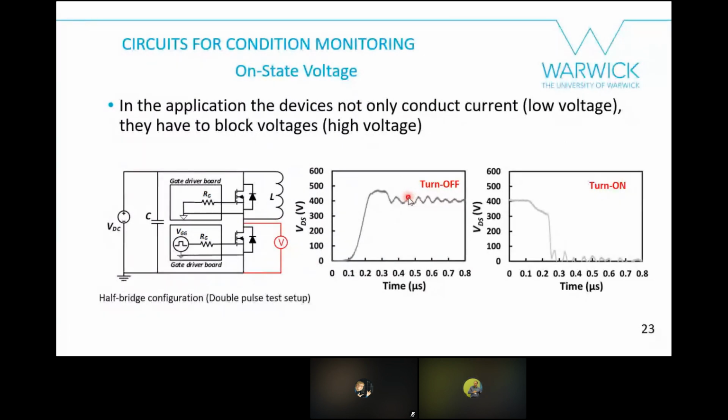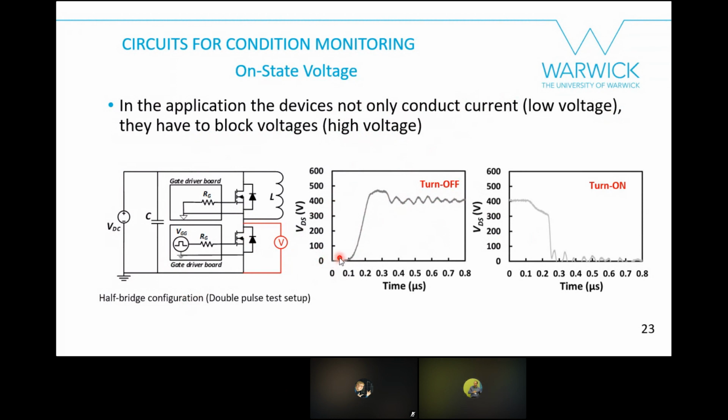But you don't have to worry only about measuring low on-state voltages. The devices not only conduct current, with a low on-state voltage, they also have to block voltages, which is usually the DC-link voltage, and that's a high voltage. You can see here the transients during a double pulse test.